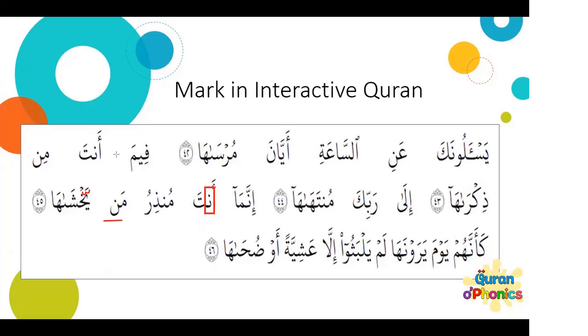So they would underline it and then look at the letter after it. If it's, as they learned previously, wow or ya, then they do a shadda. But if they haven't yet learned ikhfa, that's fine. You just move on. And then when they've learned the rule of ikhfa, they would know what to do with it. So this is how it works with the interactive Quran.